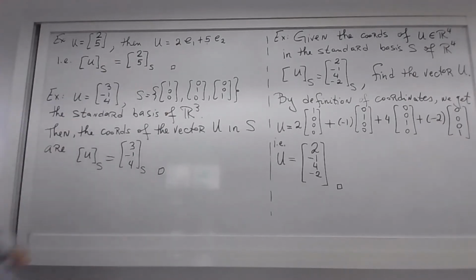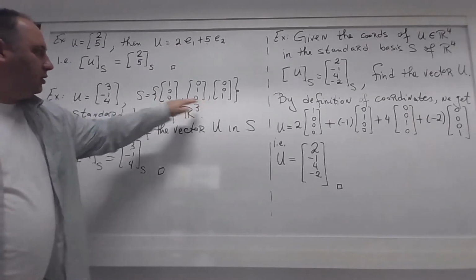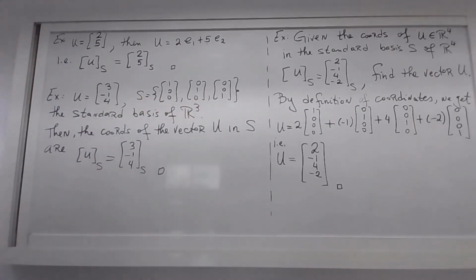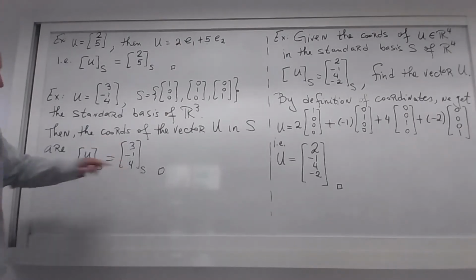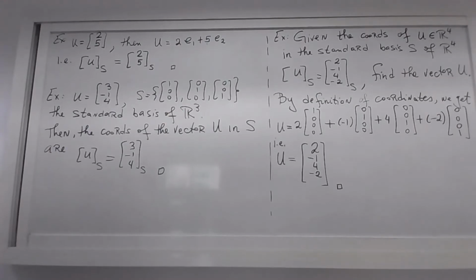Written like this in the standard basis. If I have a vector in R3, so vector u with components 3, -1, and 4, and this is the standard basis of R3, then the coordinates of the vector u in standard basis are just the components of the vector. So that's very simple, and that's always the case for the standard basis.